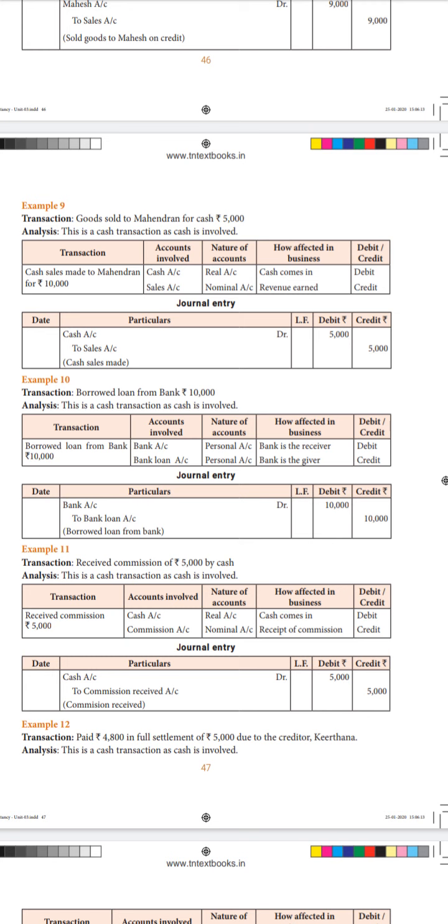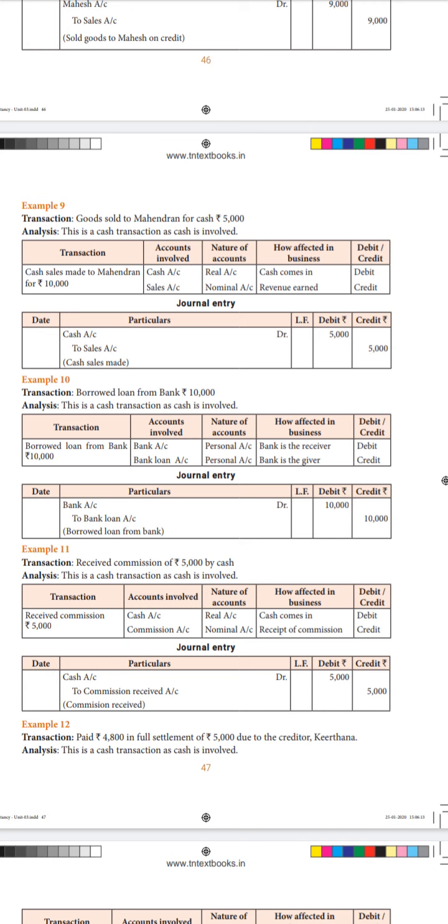Example 11. Received commission of rupees 5,000 by cash. Okay, received commission. Previously we saw paid salary by cheque. Now we have received commission of rupees 5,000 by cash.